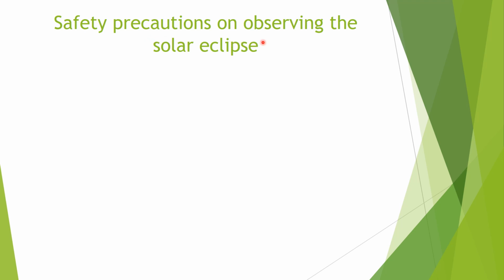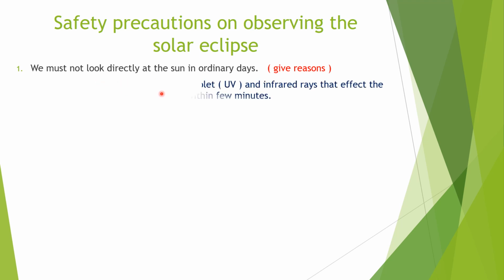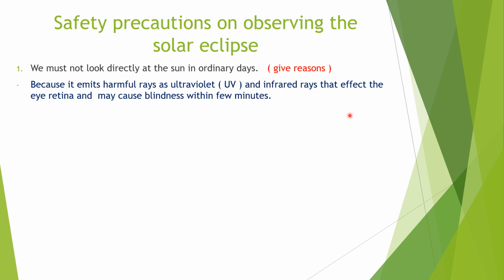Safety precautions in observing the solar eclipse. Number 1, we mustn't look directly at the sun on ordinary days. Give reason. We mustn't look directly at the sun because the sun emits harmful rays such as ultraviolet and infrared rays that affect the eye retina and may cause blindness.